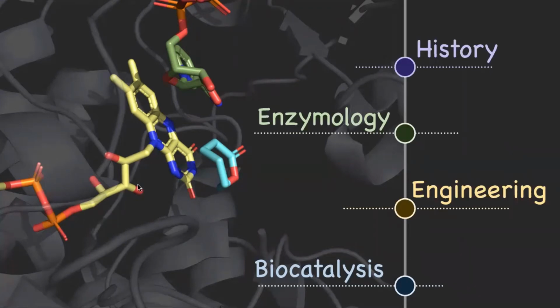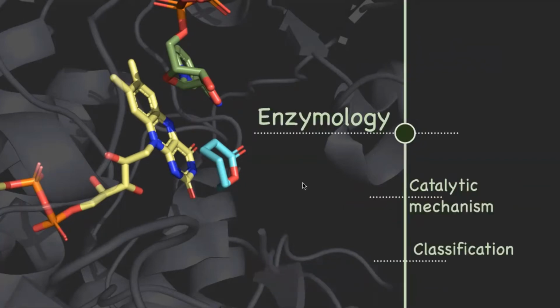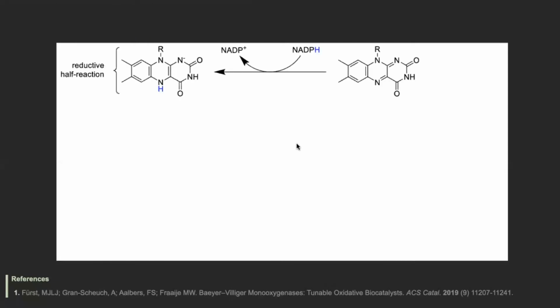So the first question that might arise is, how can this enzyme overcome the main issues that the Baeyer-Villiger oxidation has as a synthetic reaction? So we will look at the catalytic mechanism of this enzyme. As I said before, these Baeyer-Villiger monooxygenases are flavin dependent.